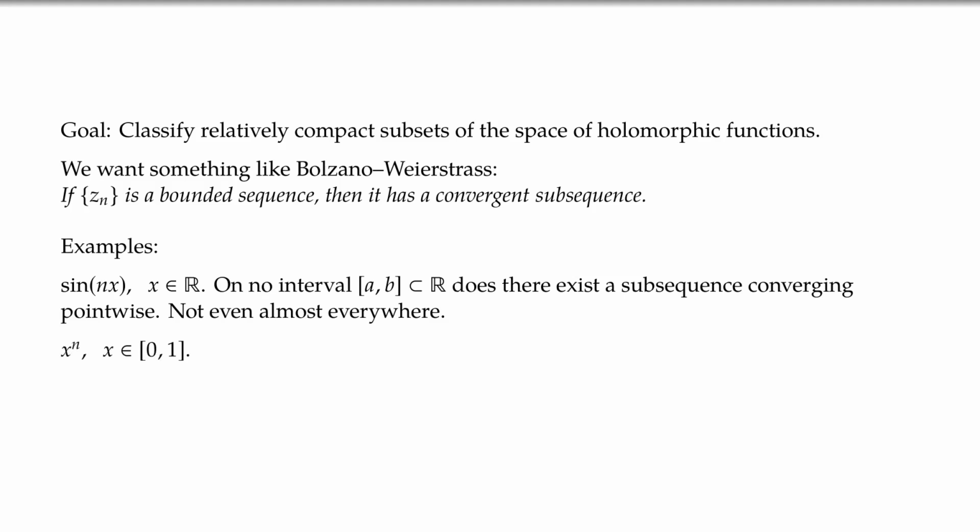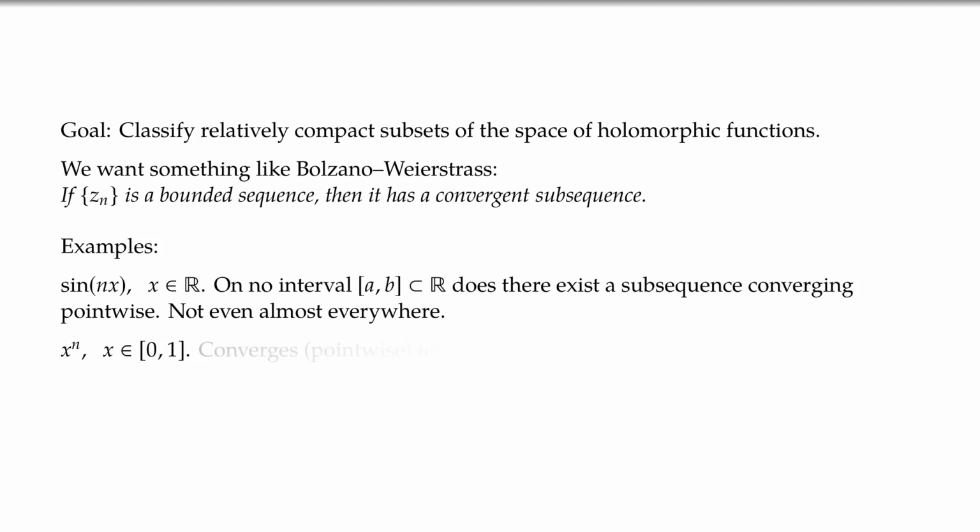Another example, slightly less bad, is x to the n. Let's just look at it on the closed unit interval, and this function converges pointwise. It converges to 0 for x between 0 and 1, and at 1 it converges to 1.